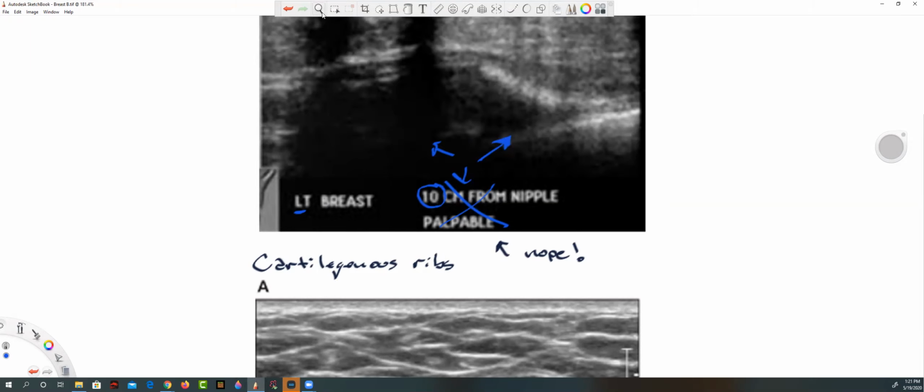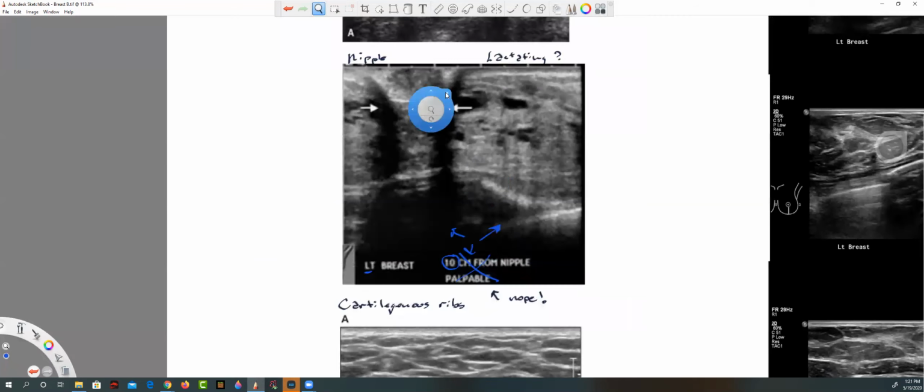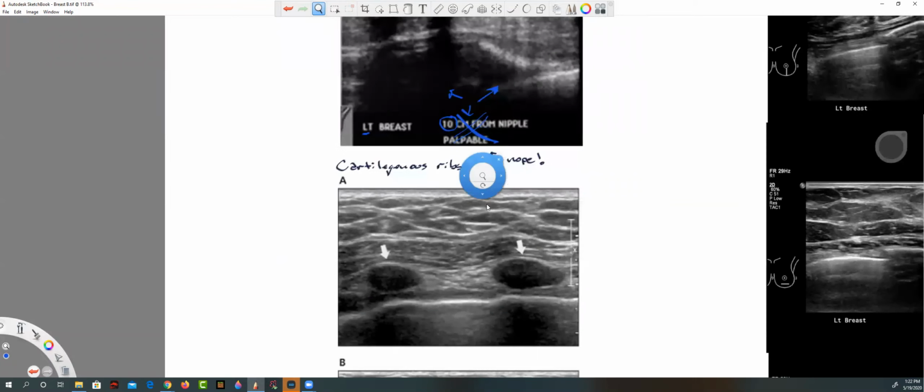But like I said, all of it is incorrect because that's the nipple itself. So they should have just removed this from the image before they took it.